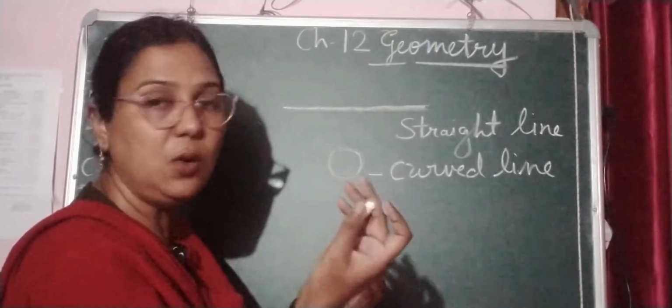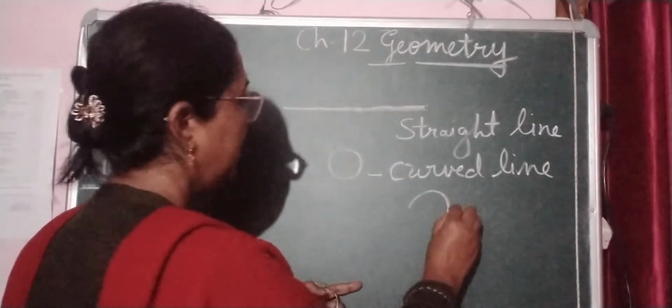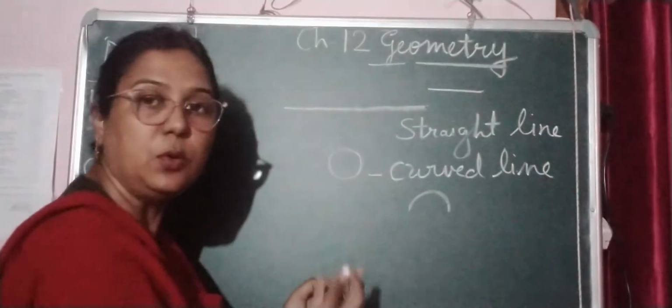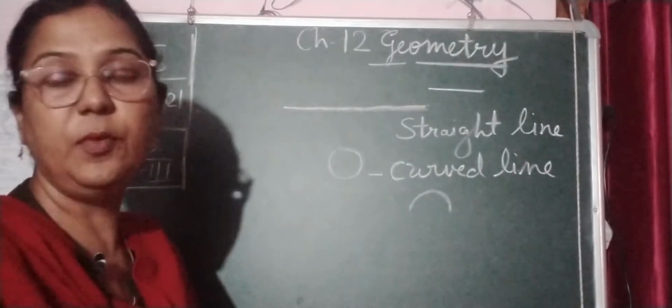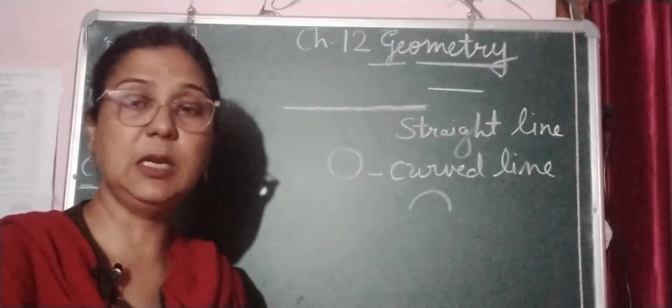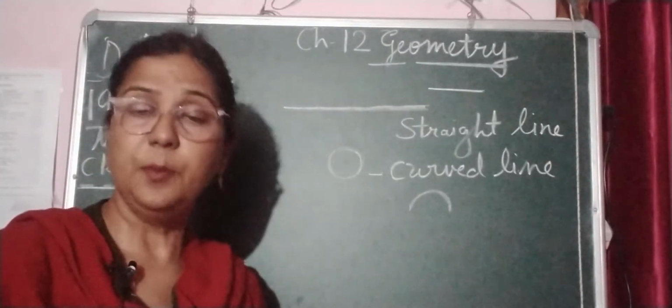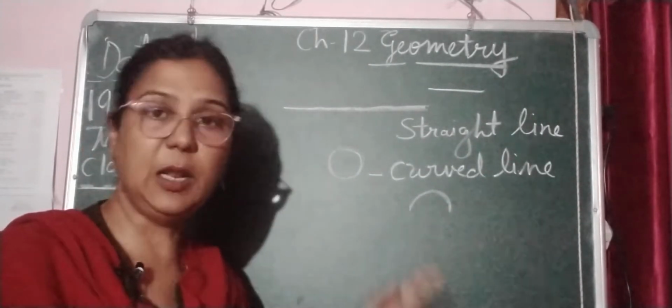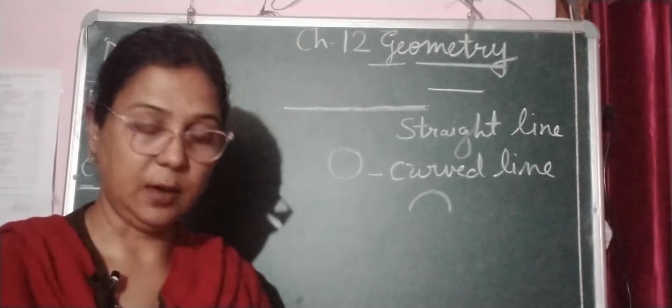A curve, as you all know, has a curve, and this is straight. We have already discussed these two types of lines in our previous video.